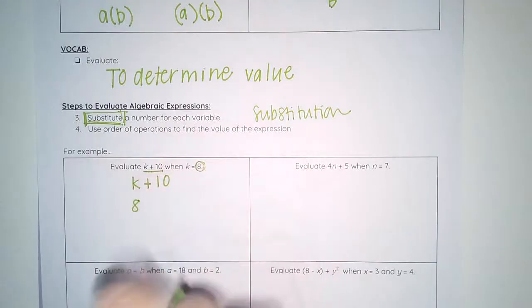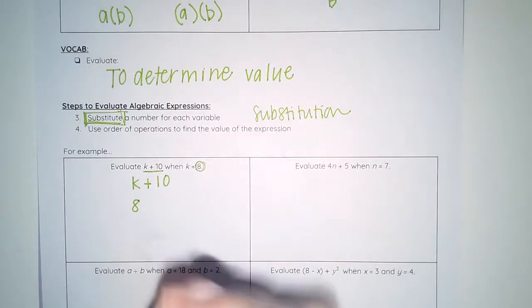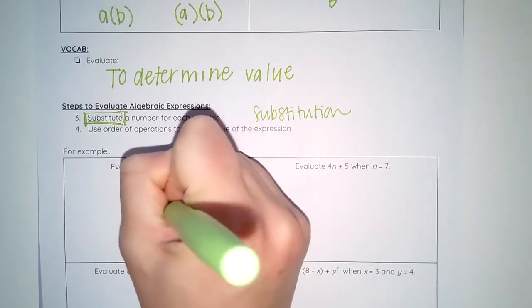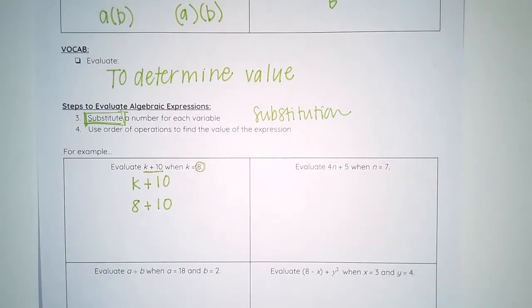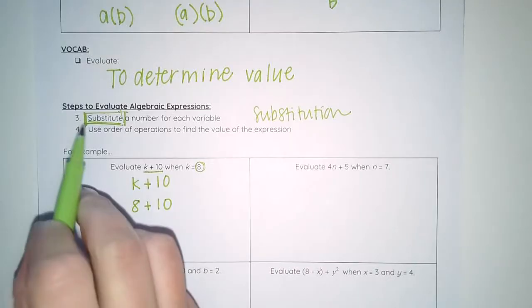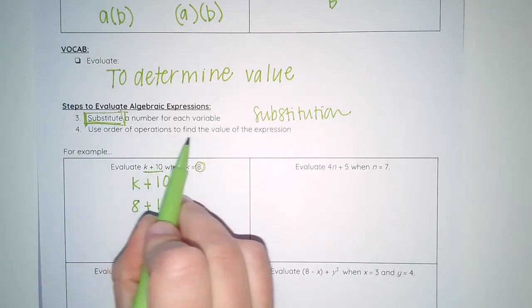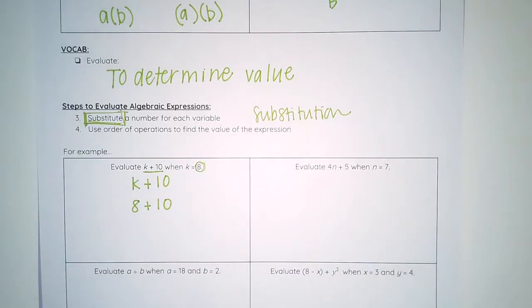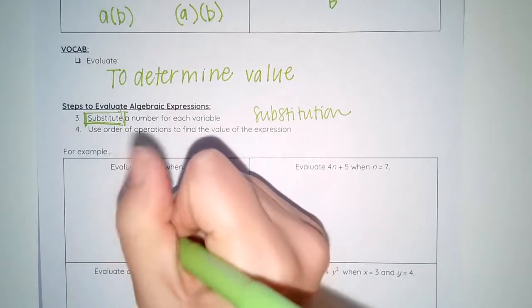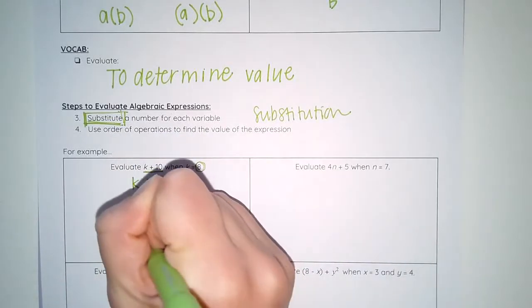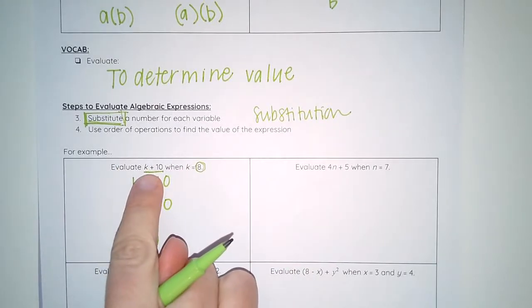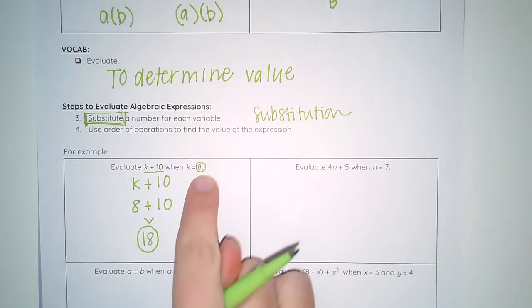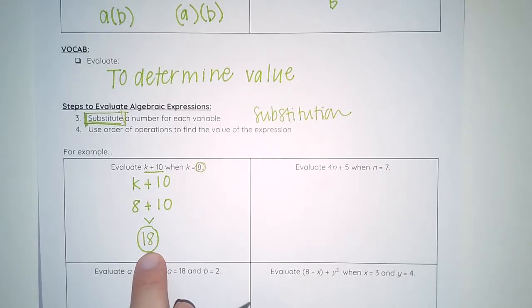So I rewrite my new expression with that 8 substituted in. Now I have 8 plus 10. My second step is to use the order of operations to find the value of my expression. Here I only have addition, so I add those up. The value of k plus 10 when k equals 8 is 18.